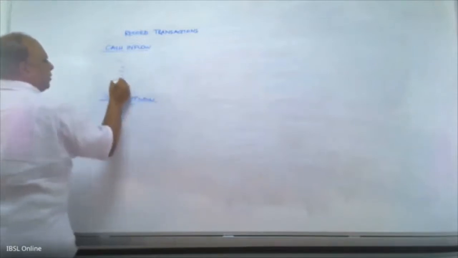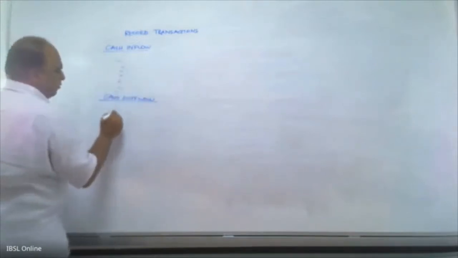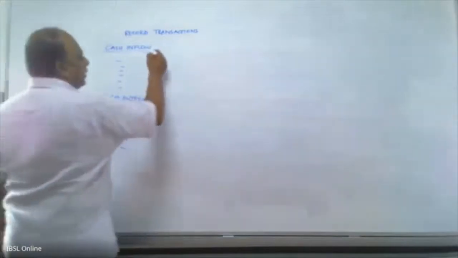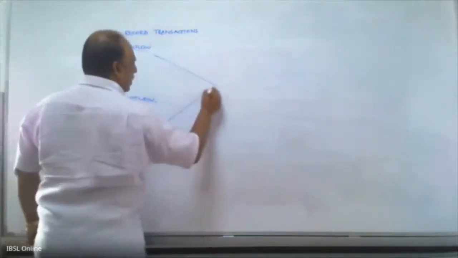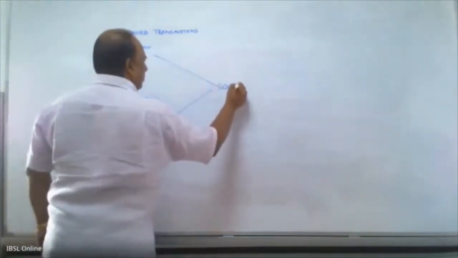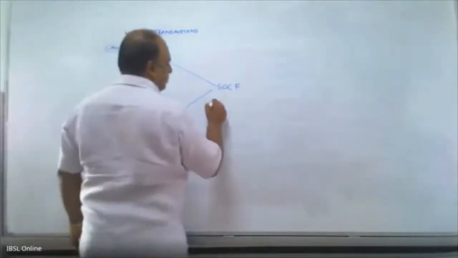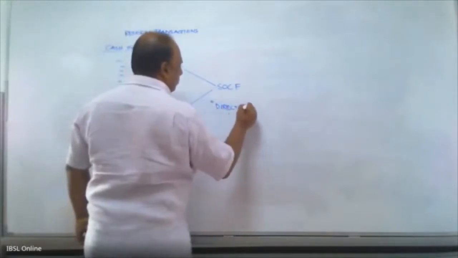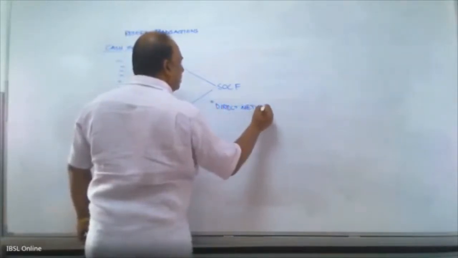From what and what you got income or inflow, for what and what you have to pay. Then when you bring it to the statement of cash flows, that is known as the direct method.